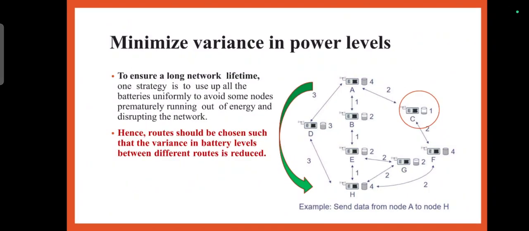The next algorithm is minimize variance in power levels. According to this algorithm, the route should be chosen such that the variance in battery levels between different nodes is reduced, in order to avoid nodes prematurely running out of energy and to prevent disruption of the network.